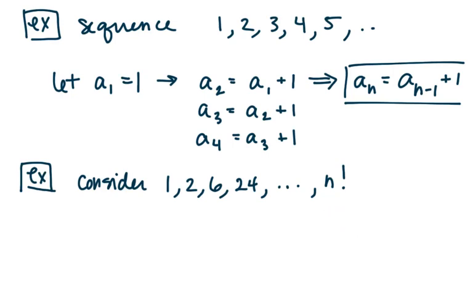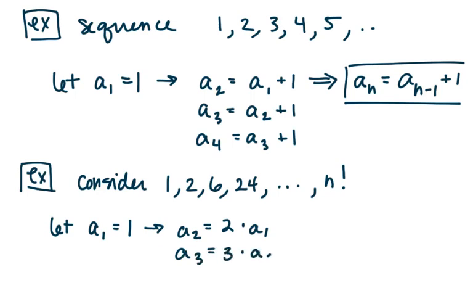Okay, so this factorial sequence could be defined recursively. And the way I can say that is we are going to let a sub 1 equal 1. That's my first term. So then a sub 2 is 2 times a sub 1. A sub 3 is 3 times a sub 2. A sub 4 is 4 times a sub 3.